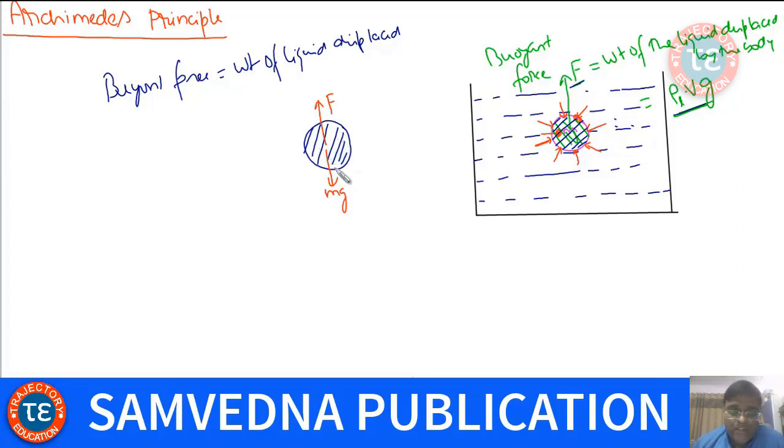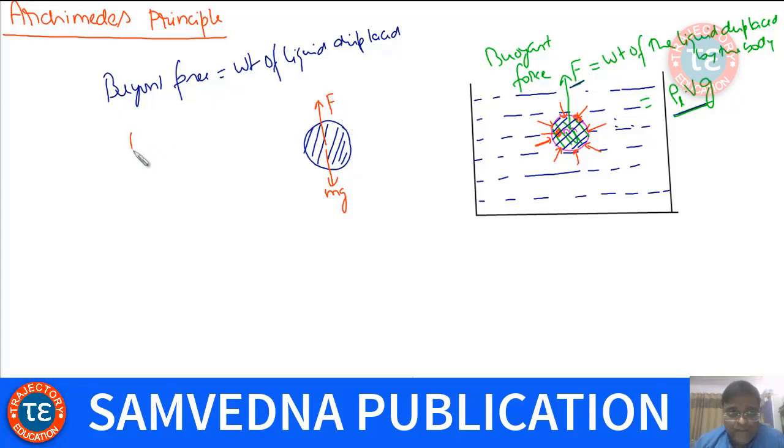Since this sample is experiencing force mg from the earth, and this sample is also interacting with the external fluid, the surrounding fluid, the resultant force of interaction which it has with the surrounding fluid must point in the upward direction. Why? Because only then will this F and mg balance and this liquid remain in equilibrium.